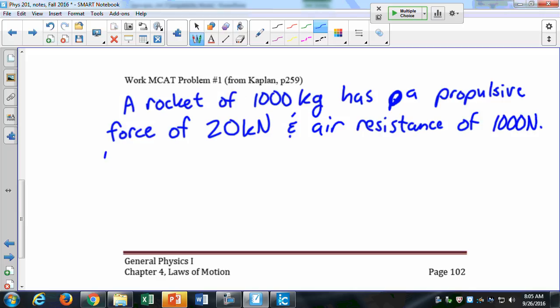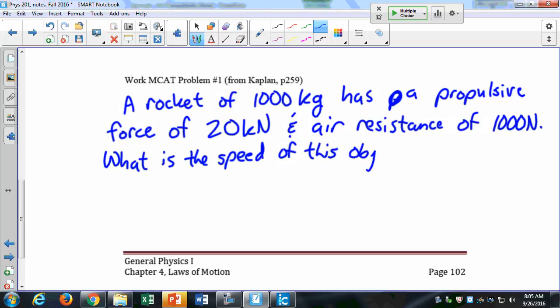What is the speed of this object, the rocket, after 8 seconds?